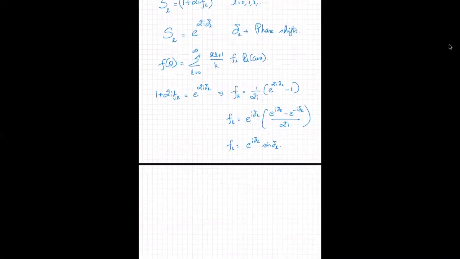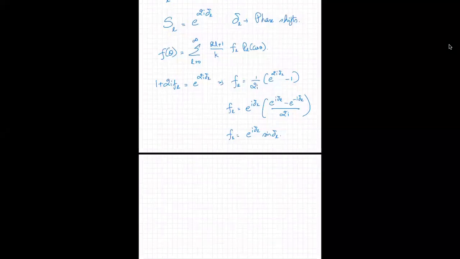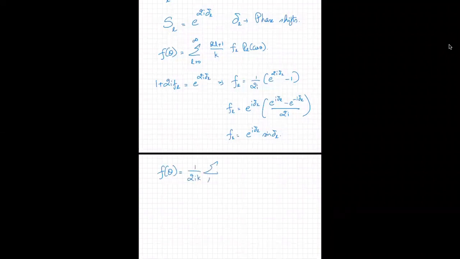So using this definition of f_L, I can write my scattering amplitude f of theta as 1 over 2ik, either one of these definitions, sum of 2L plus 1 times e to the 2i delta_L minus 1 times P_L of cosine theta.